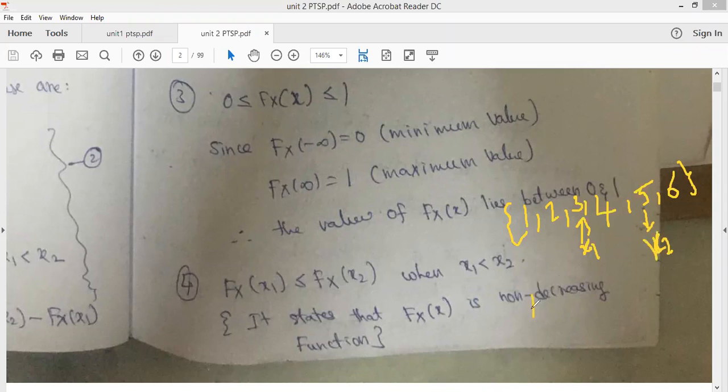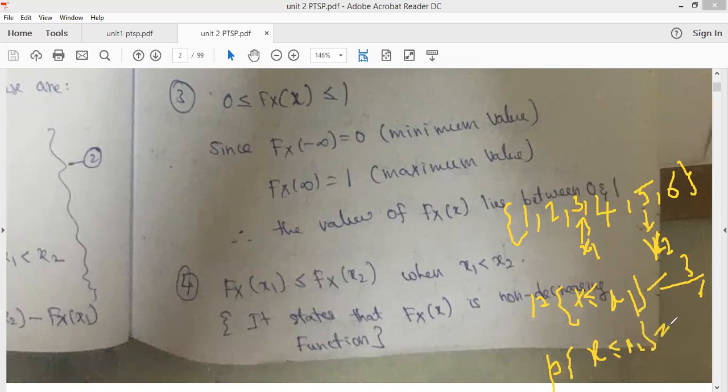So what is the probability of x less than or equal to x1? It is equal to 1 by 6 plus 1 by 6 plus 1 by 6, it is 3 by 6. And for example, we have taken x2 here. So what is the probability of x less than or equal to x2?